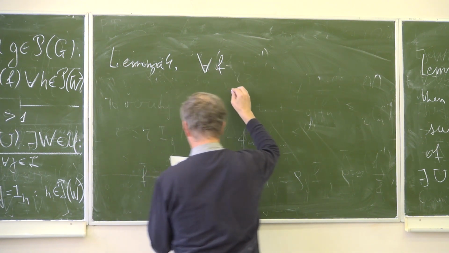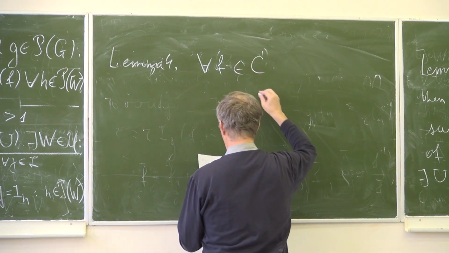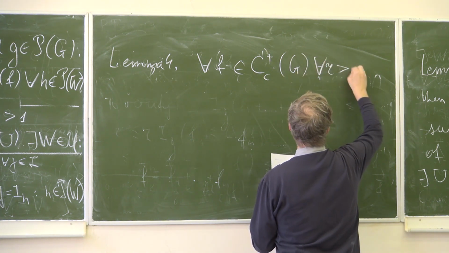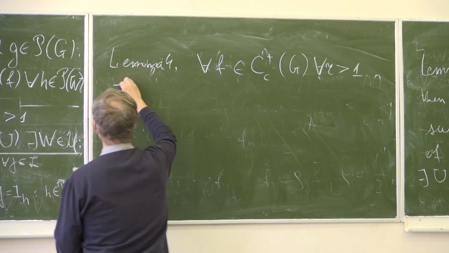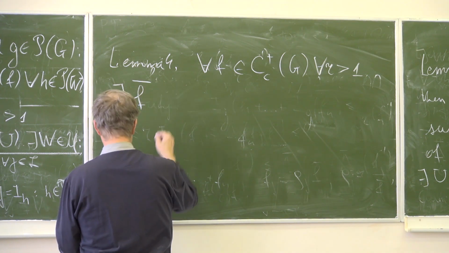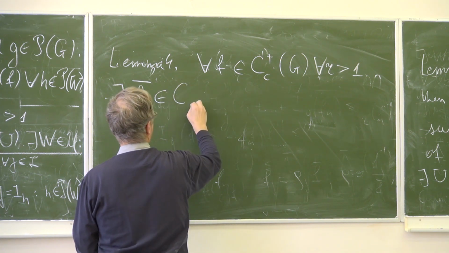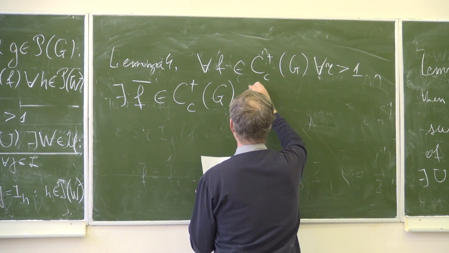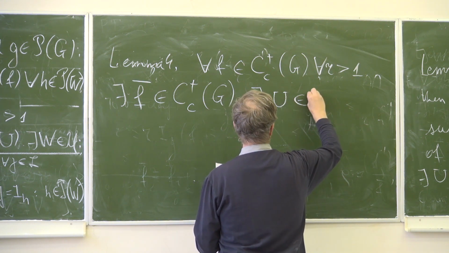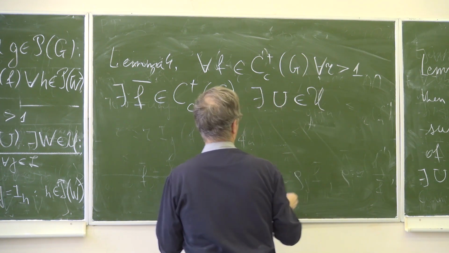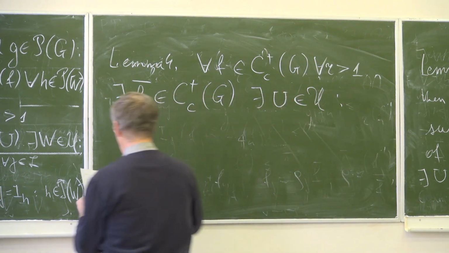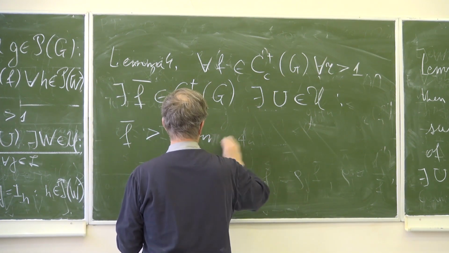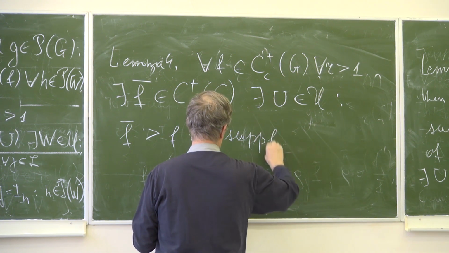For every f in this space of test functions, for every r strictly greater than 1, there is f bar also in the same space of test functions, and there is a neighborhood of unity such that, first, f bar is strictly greater than f on the closed support of f.